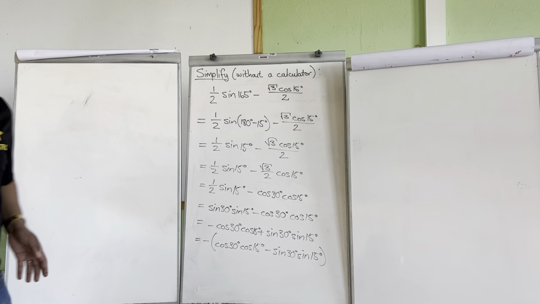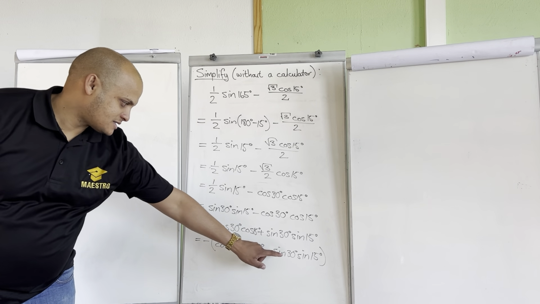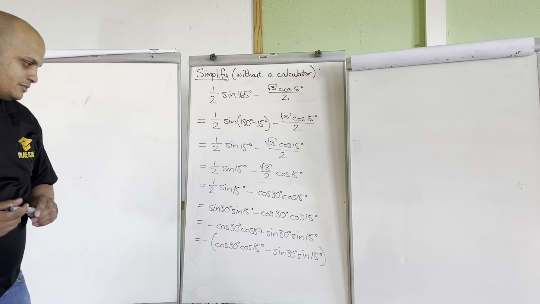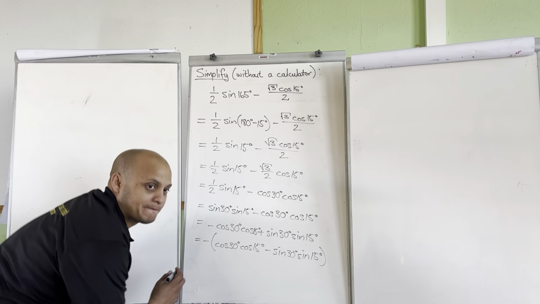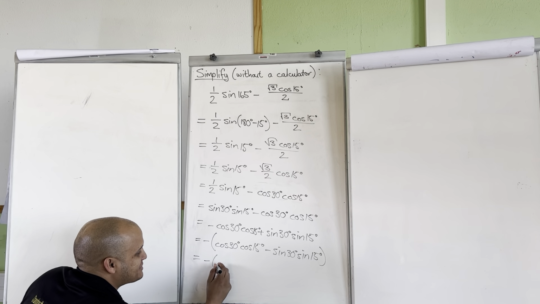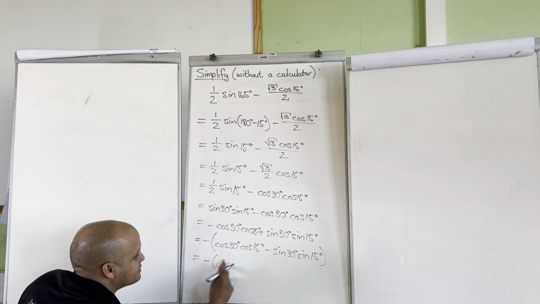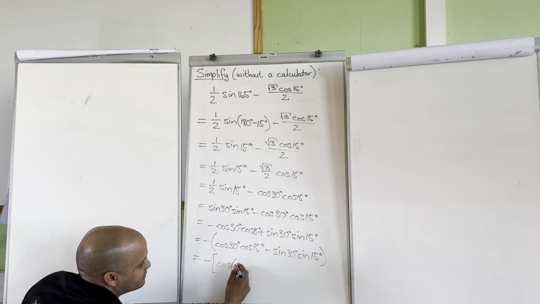Okay, so do we have a compound angle now? Cos A, cos B minus sine A, sine B, which is cos of A plus B, right? Cos of, let me use a square bracket here, cos of A plus B.